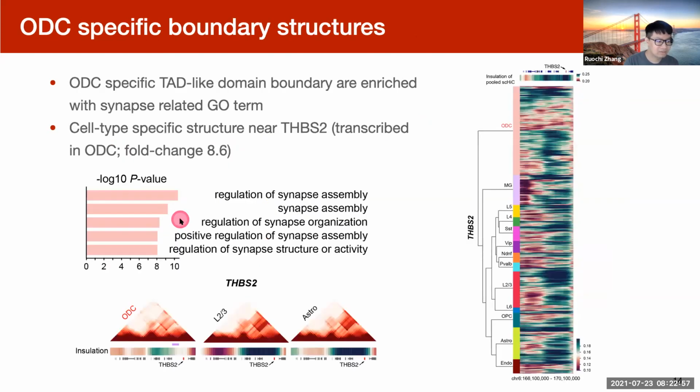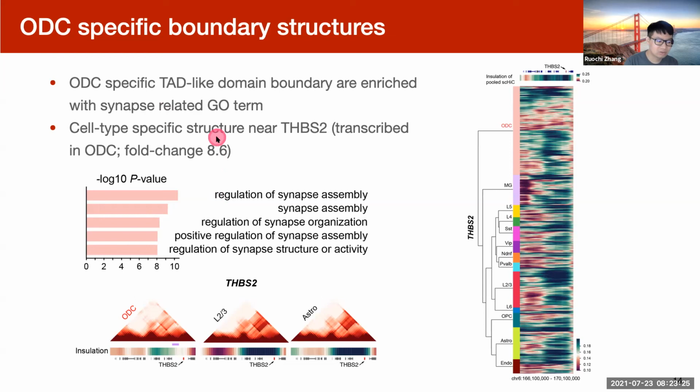We next asked whether the genes near the cell type-specific TAD-like domain boundaries identified by Higashi would have distinct functional roles. We found that genes close to the ODC-specific TAD-like domain boundaries are strongly enriched with synapse-related GO terms. We further investigated this gene THBS2, which appears in 4 of the top 5 GO term categories we identified.